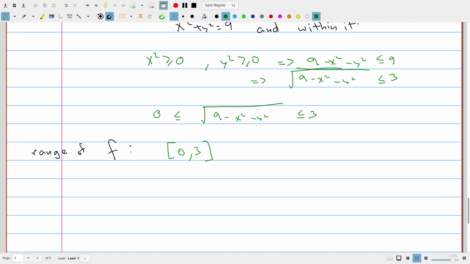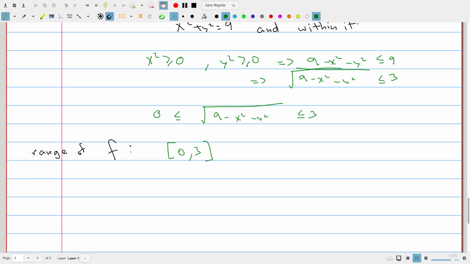Now let's try to graph our functions of two variables. If we graph a function of two variables, we get a surface in 3 dimensions.